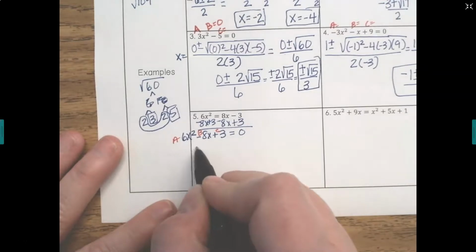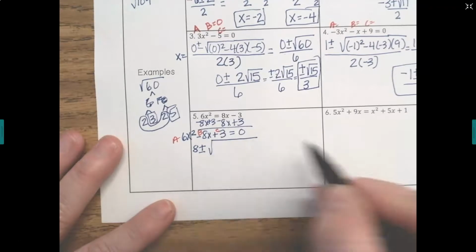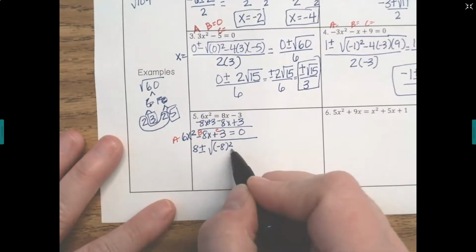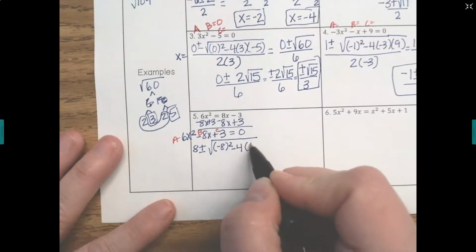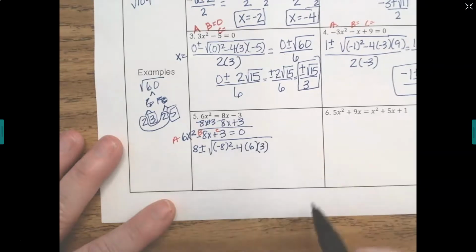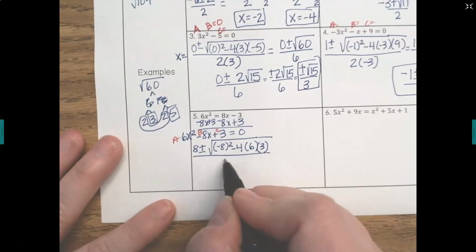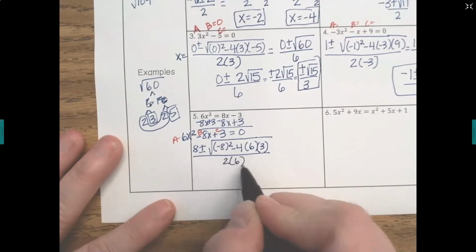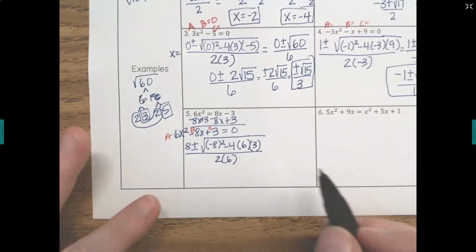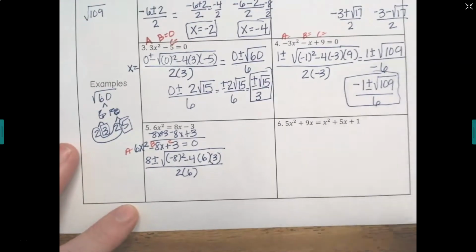So it's -8, so I'll put 8 plus or minus the square root of b squared minus 4 times a times c, and the whole thing is going to be divided by 2a. Okay, so let's simplify this down. Pause the video and try to simplify it just like we did up here and see what you get.